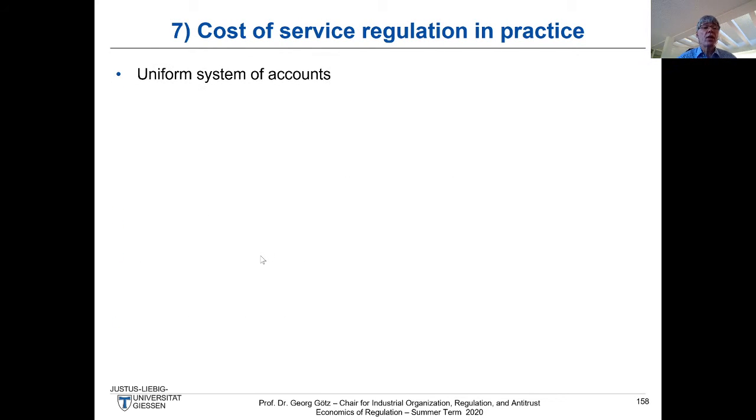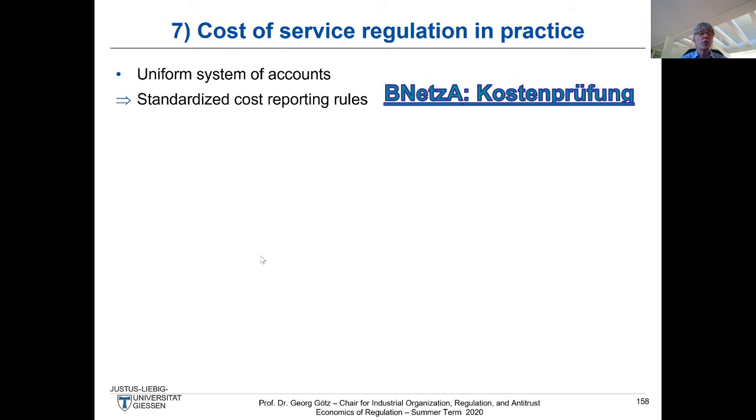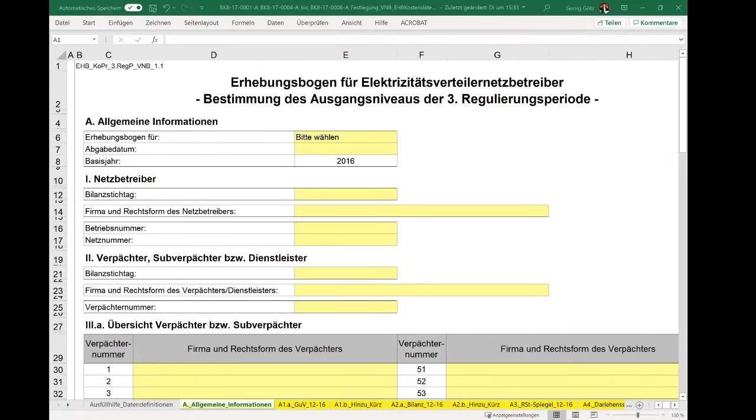Okay, so how does that look in practice? If you look into the notes I also published with your PDF files, you see I have a lot of information about the German regulation. Typically what you have is a uniform system of accounts and standardized cost reporting rules. What I want to show you right now is just an Excel sheet from the Bundesnetzagentur, the Federal Network Agency, called Erhebungsbogen für Elektrizitätsverteilernetzbetreiber.